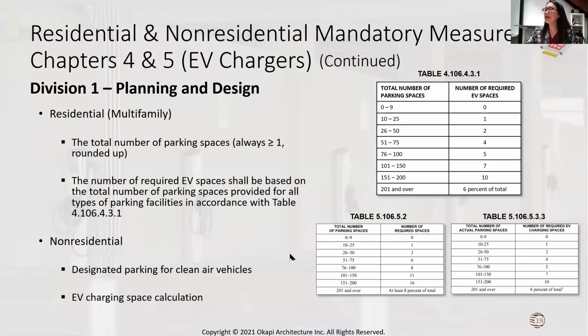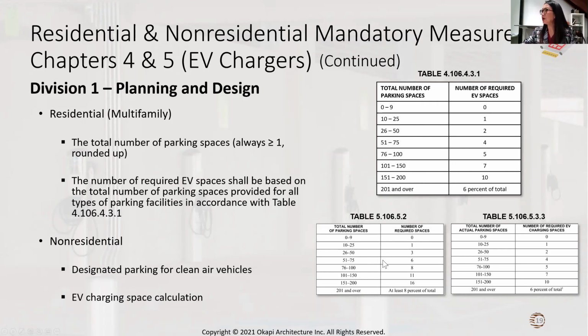Okay, so this slide explains just a bit of how CALGreen looks at the amount of EV charging stations as well as the EV spaces, the parking spaces. Again, we combine the residential and the non-residential together. So you have an idea from the top one, Table 4: when it's 201 parking spaces and over, it's basically about 6% EV spaces.